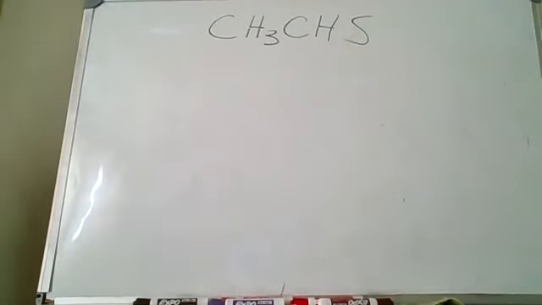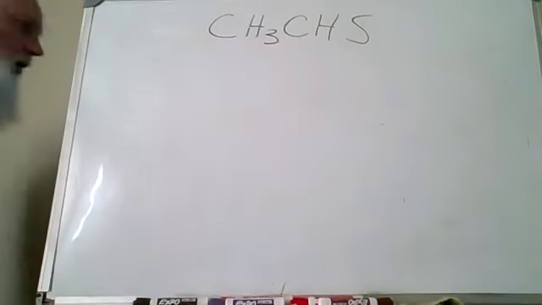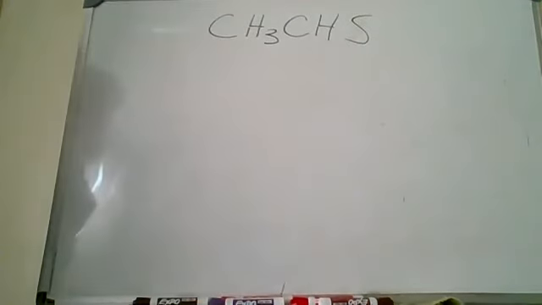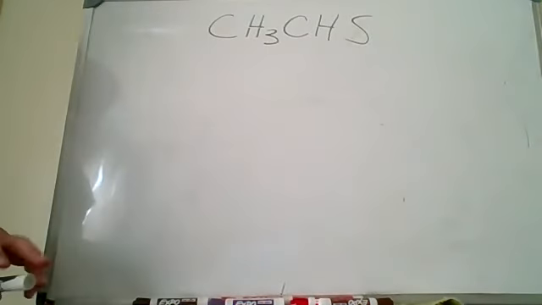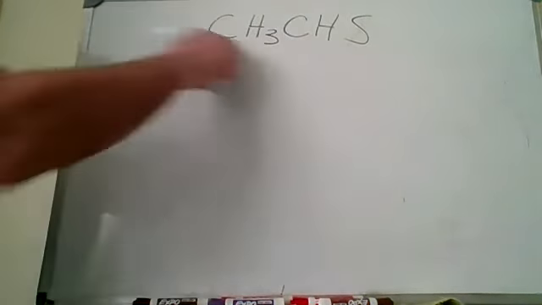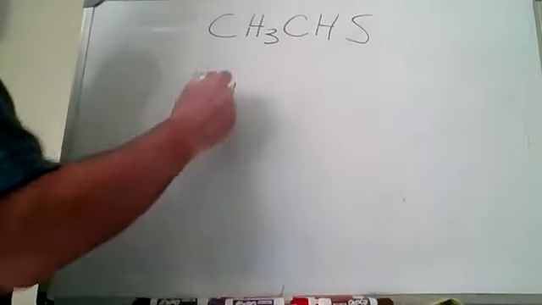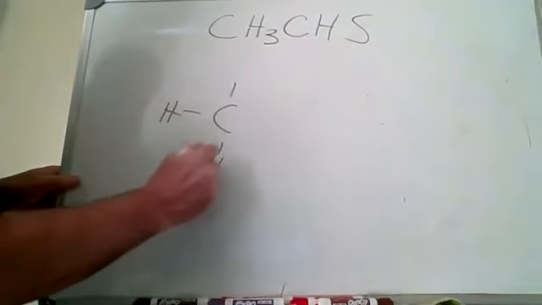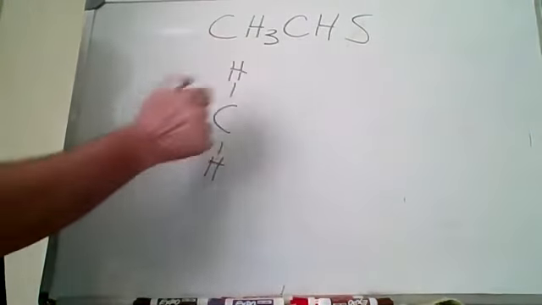Okay. So let's start drawing. I see no functional groups, there's no oxygens, and there's no nitrogen, so none of our functional groups are here. Now, I know what CH3 looks like, so let's go ahead and draw that. It's just CH2 with a 3rd hydrogen attached to it.